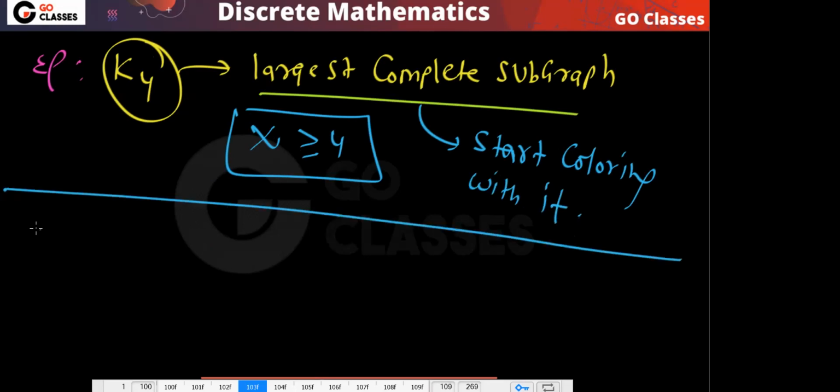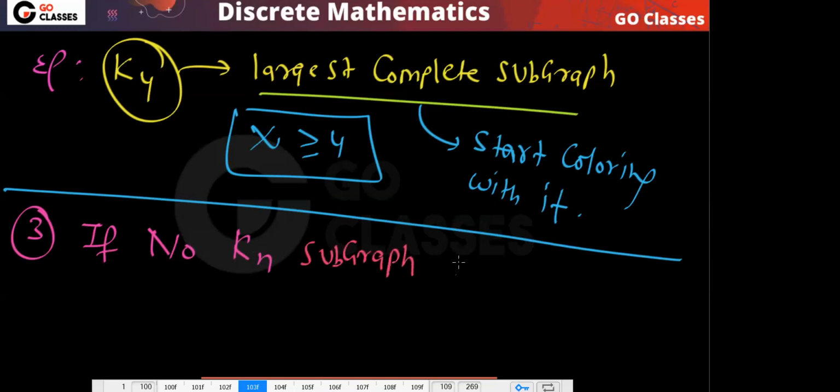Now if you don't have a complete graph, if you don't have K4, then what do you look for? This is the third guideline. If there is no Kn subgraph, then find odd cycles.